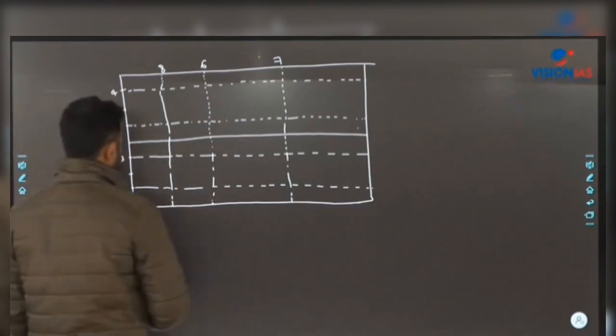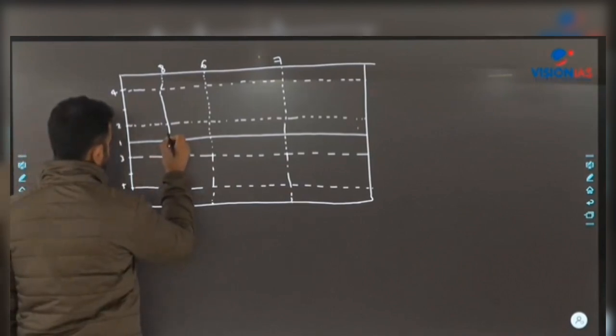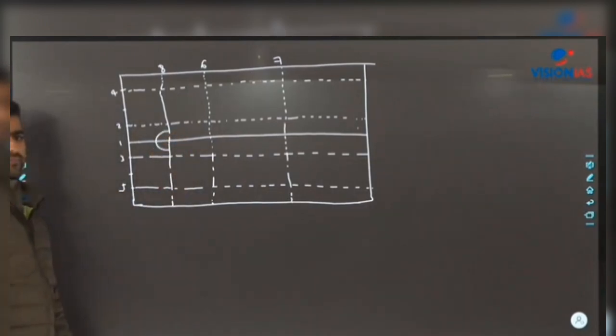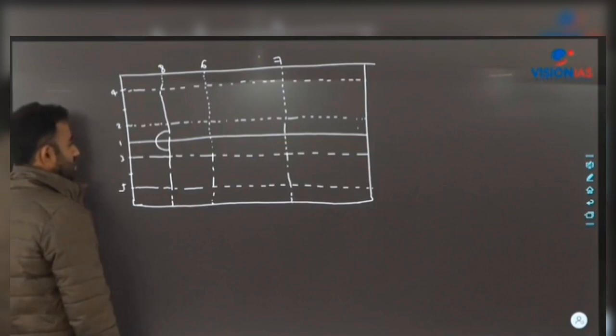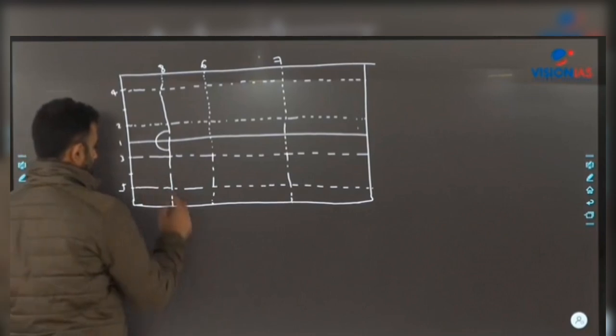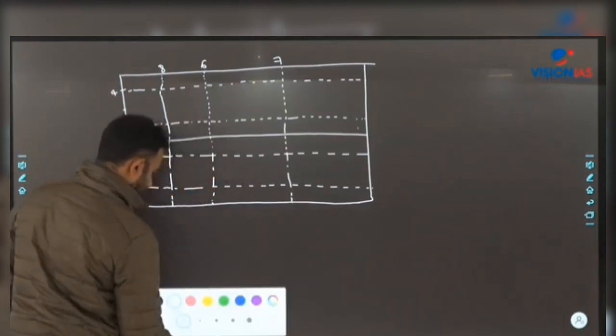So South America would start somewhere between this. Okay, you can imagine at this point there is a semicircle. Okay, there is a semicircle. Okay, let me use a different color so that it will be easy for you.